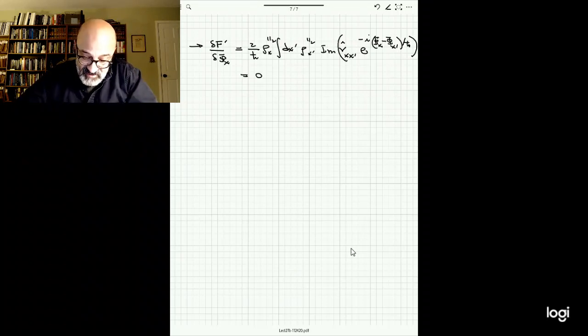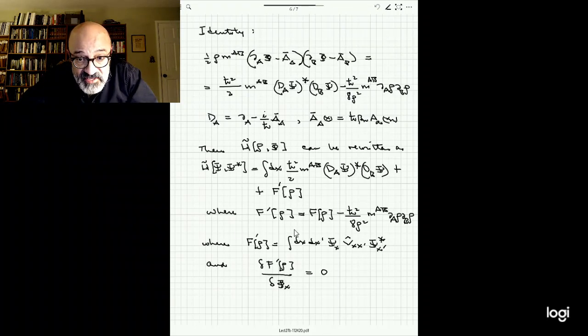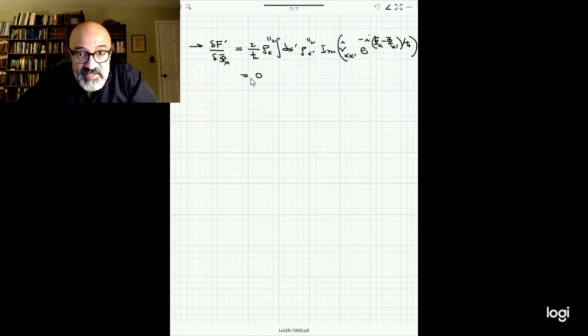So what I've just done is impose that this guy be quadratic and independent of phi. And the condition is this one.